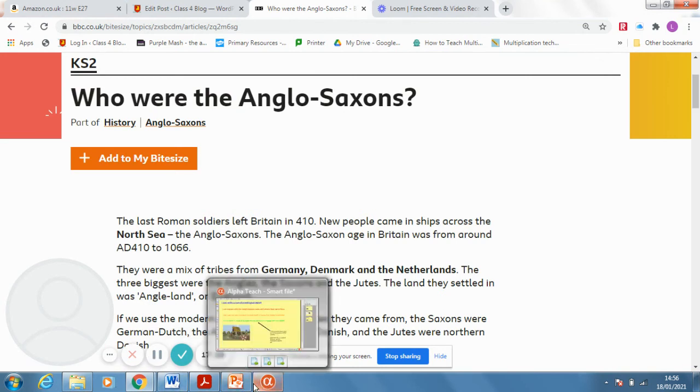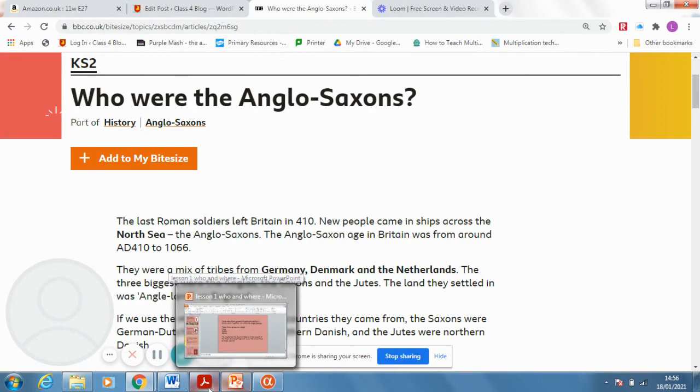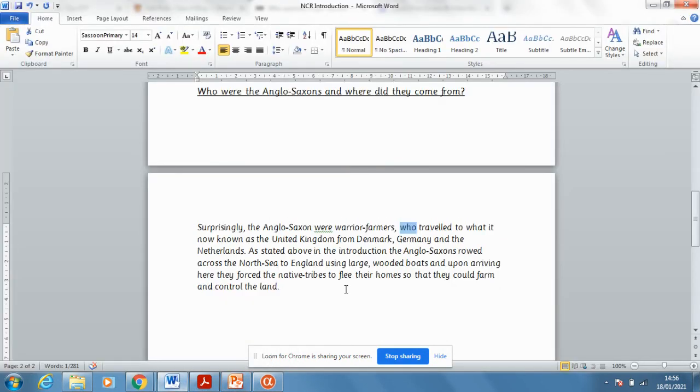Now, with relation to where you should write your work, as you can see here, I've used Microsoft Word. You can use any suitable writing document. Now, I've had some feedback about Purple Mash saying that the resource sometimes doesn't save properly, or you save it and then you go back to it and it's not there anymore. So I know in the past I have told you to use Purple Mash for your non-chronological report, or I've even given it as an extra activity saying, oh, can you now type it up into Purple Mash?